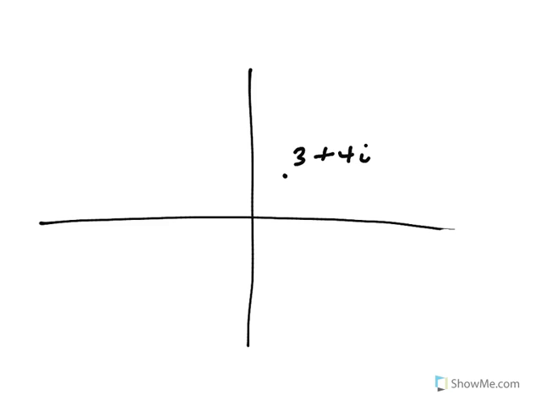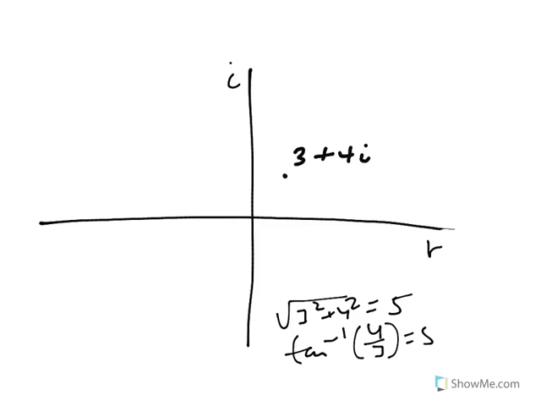A similar thing can be done when we're dealing with a point on the complex plane, because 3 plus 4i is kind of like the point (3, 4). So by the same kind of reasoning, square root of 3 squared plus 4 squared equals 5, and tan inverse of 4 over 3 equals 53.1.